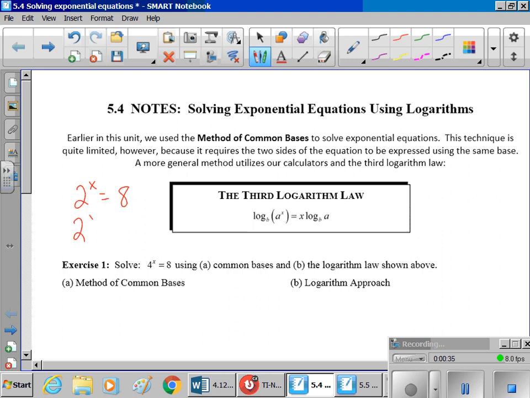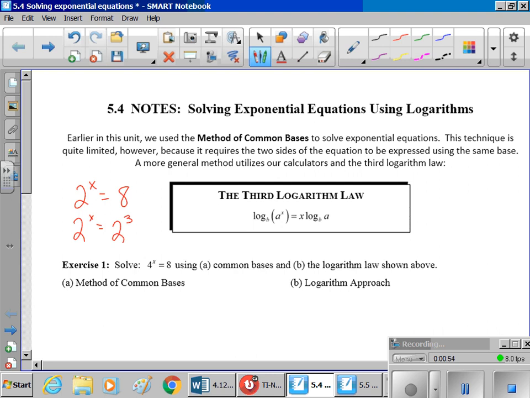So we rewrote this as 2 to the x equals 2 to the third, therefore x must equal 3. But what we're concerned about now is what happens when we can't put things into a common base. So we need to use logarithms to solve for those exponent variables.